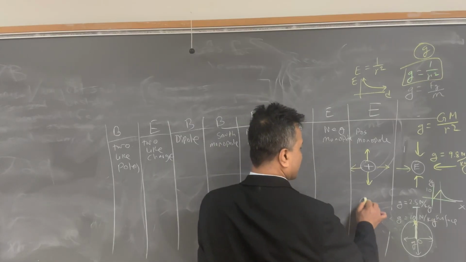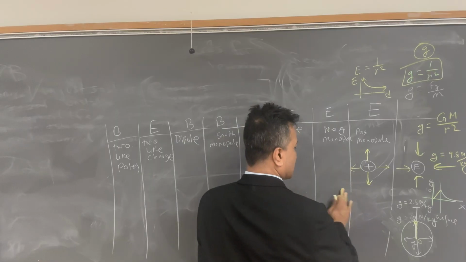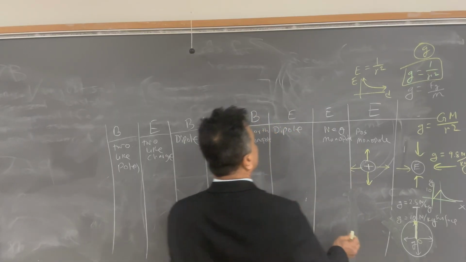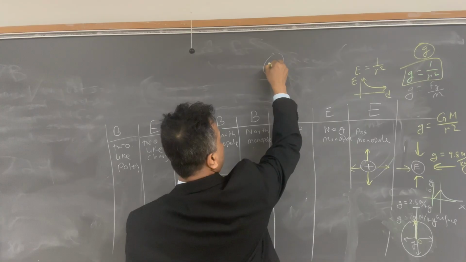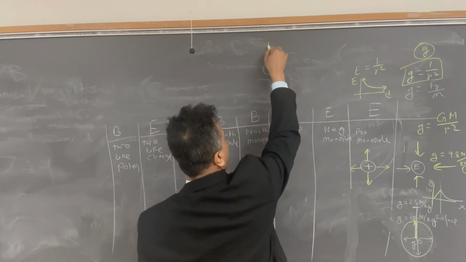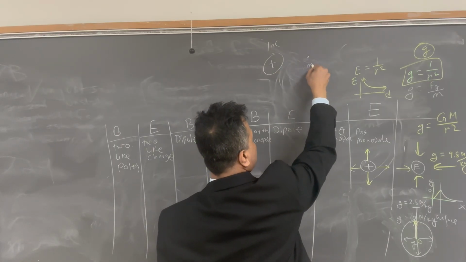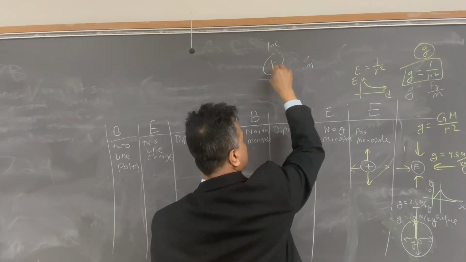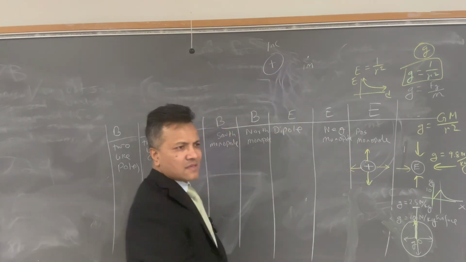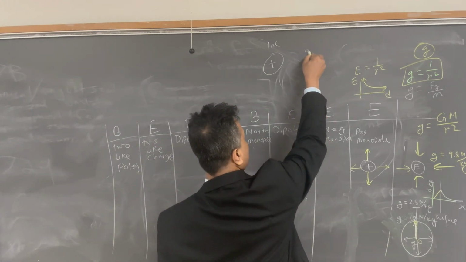If you have a charge, let's say, put a positive charge over here, it can create fields. Let's say this is 1 nanocoulomb. All right, at 1 meter from the charge, this is the main charge, and this is the test charge. Put the test charge over here.